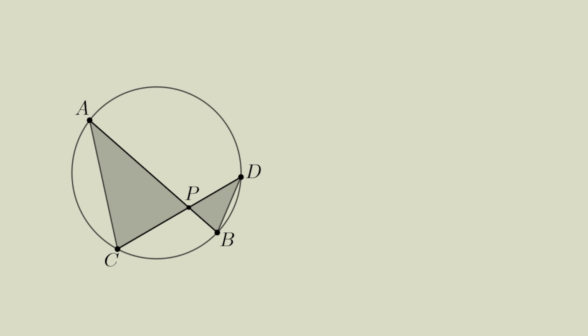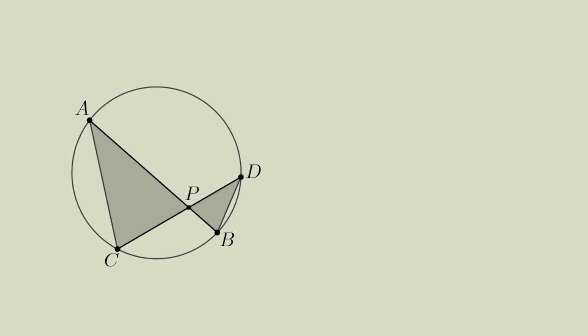Now PA and PC fall on one triangle, and PB and PD fall on the other triangle. The 2 triangles are triangle APC and triangle BPD. Let's have a close examination of these triangles.